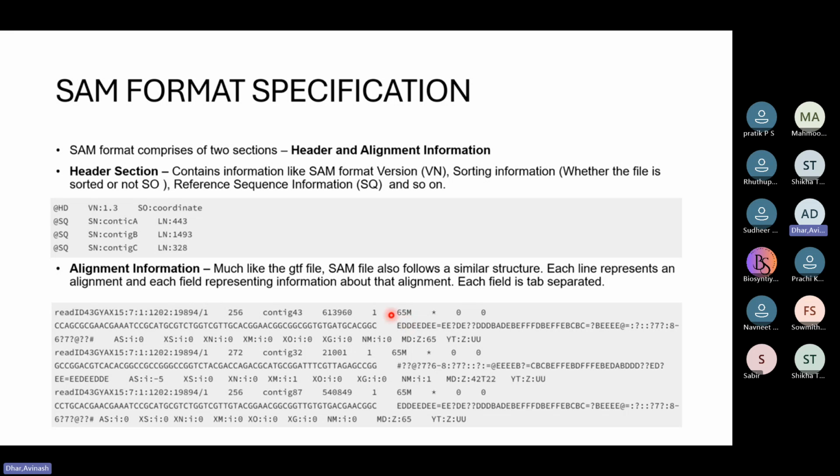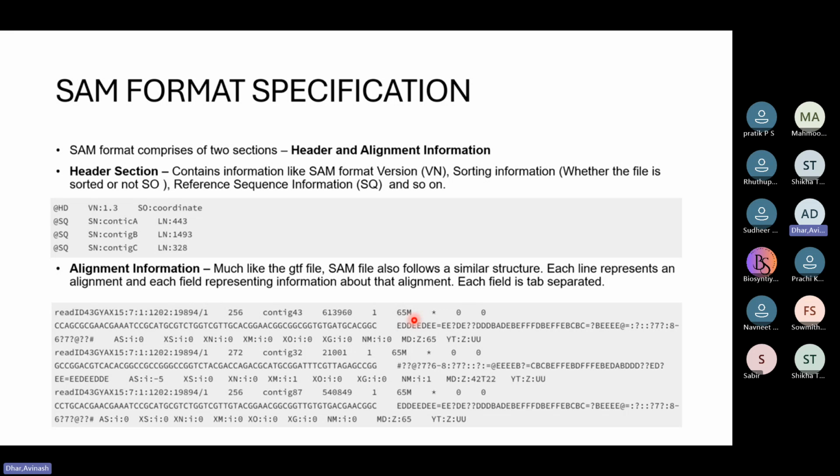Here we have observed a number 65 before M. That means we have 65 continuously matching bases. If it had been something like 60M, 2X, 1I, that would mean 60 matching bases, 2 mismatches, and 1 insertion.